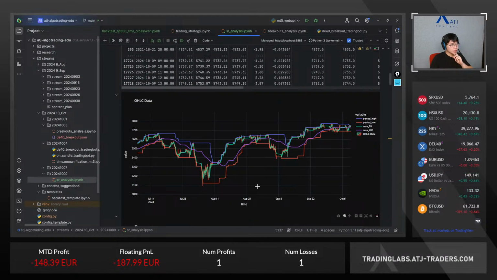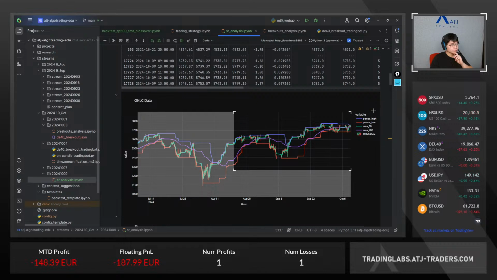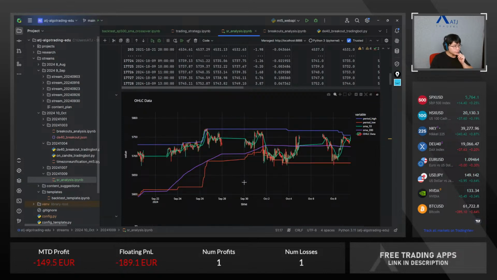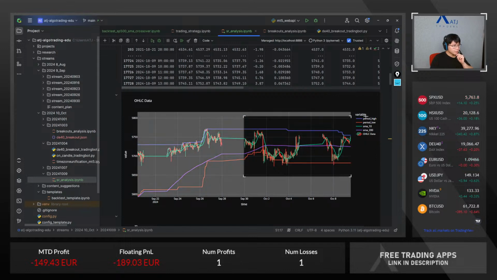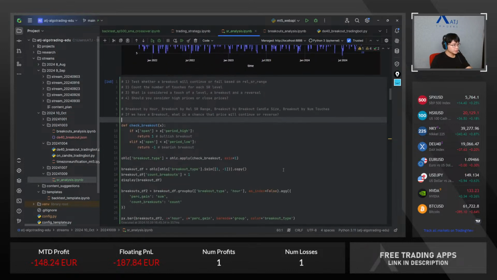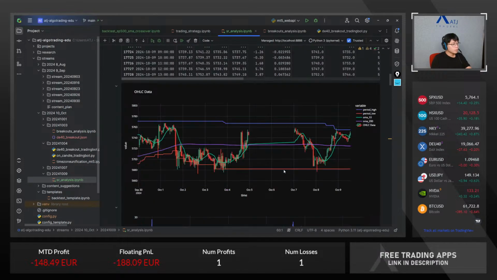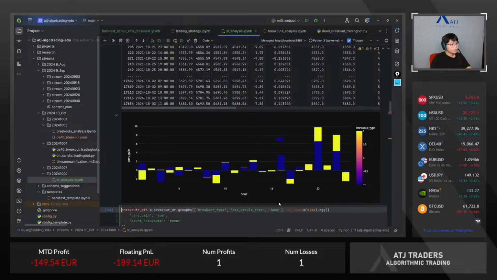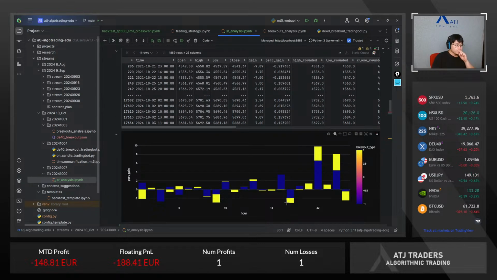And let's have a look at the new analysis. Okay. So again, we see huge candles during hour 20 and during hour 22.